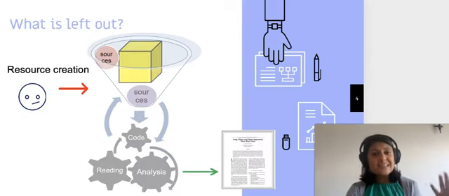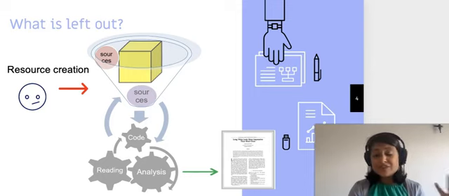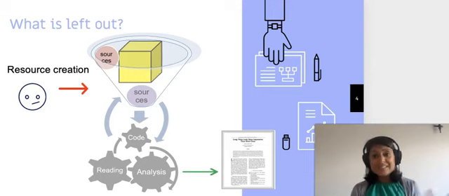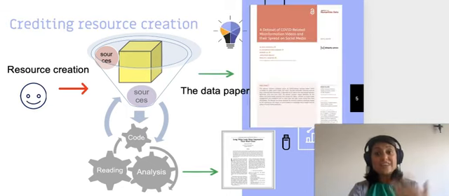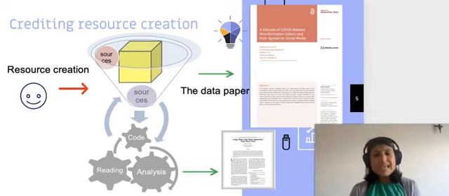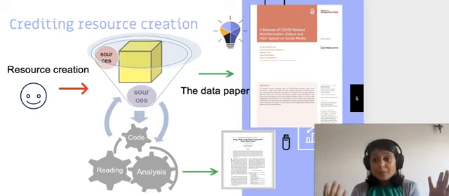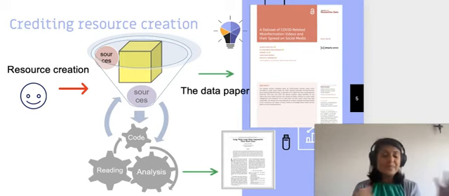But what this actually does is that it neglects the massive amount of work that you've done around data collection and the process of actually cleaning and creating your data, which is what a data paper focuses on. It focuses not just on your results, but on your data and on the reuse potential of your data. So a database journal runs in parallel, or as a complement, to your traditional results-based paper.